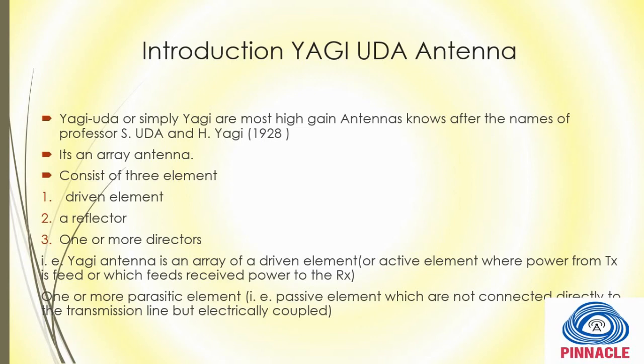So moving forward, let's explore what the antenna elements are. Driven element, reflector and one or more directors are the three elements of Yagi-Uda antenna, or it is an array antenna.